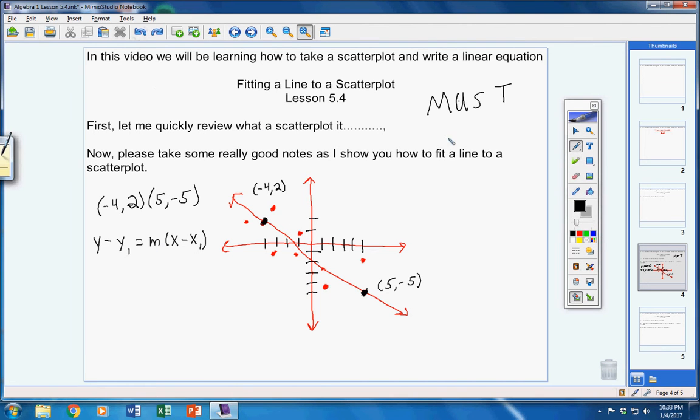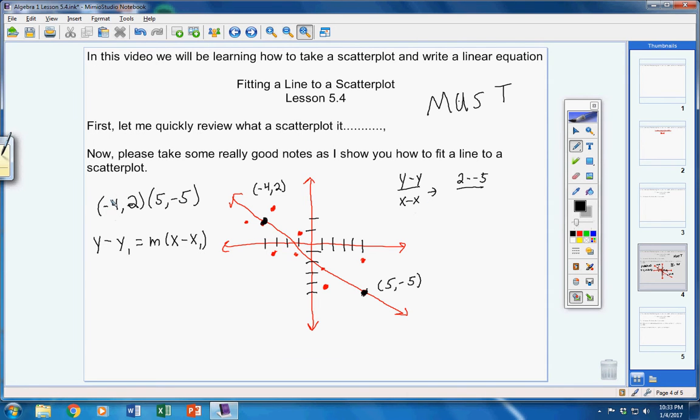Okay, so let's find the slope real quick. Remember, y minus y over x minus x. Here we go. Here's your y, 2 minus a -5. So 2 minus a -5. Your first y is 2 minus, your next y is -5. X minus x.